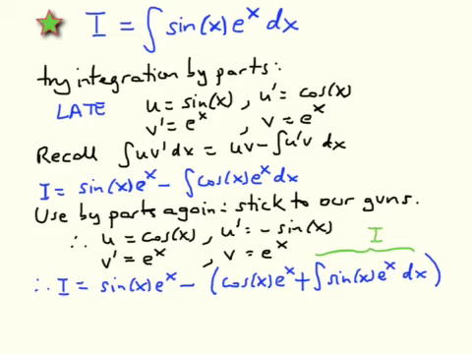So expanding the brackets and noting that the minus sign multiplies both terms, we obtain that I, our integral, is sine of x times e to the x minus cos of x times e to the x, and then minus I. So now we could take this factor over to here, and we have that twice our initial integral is equal to this minus this.